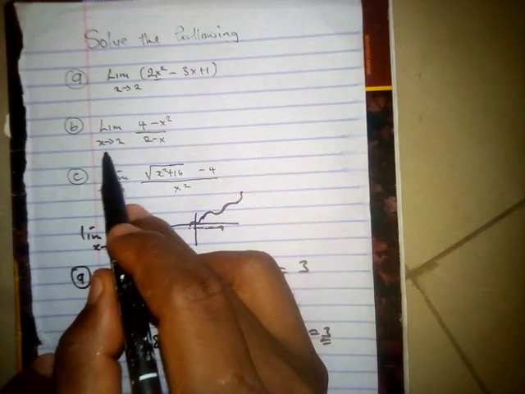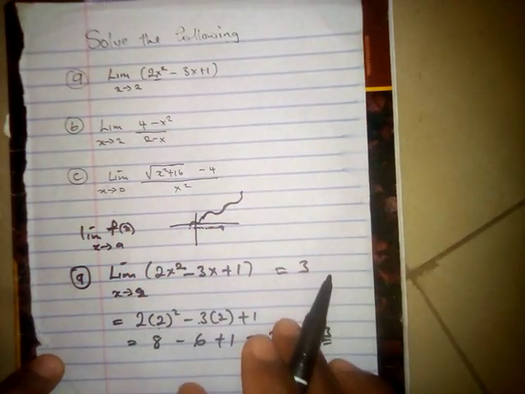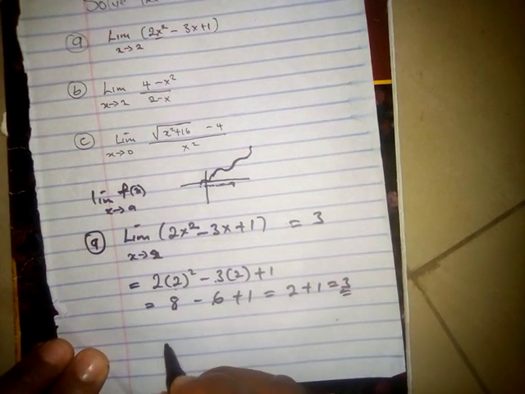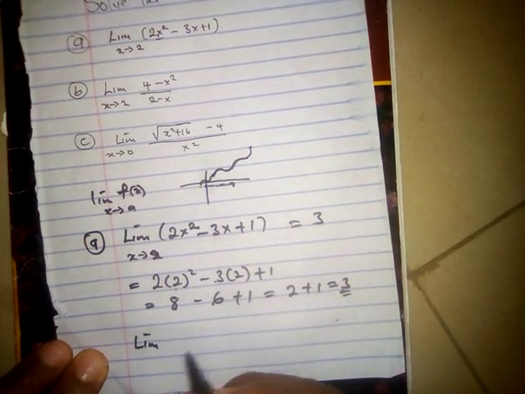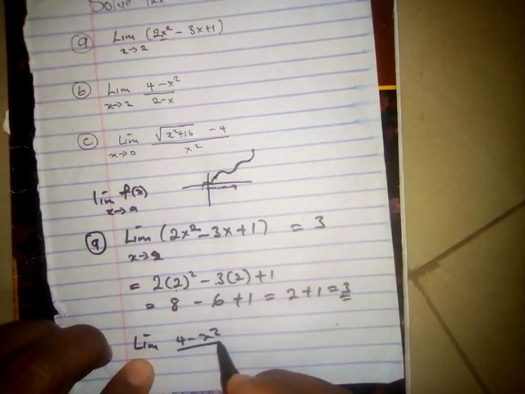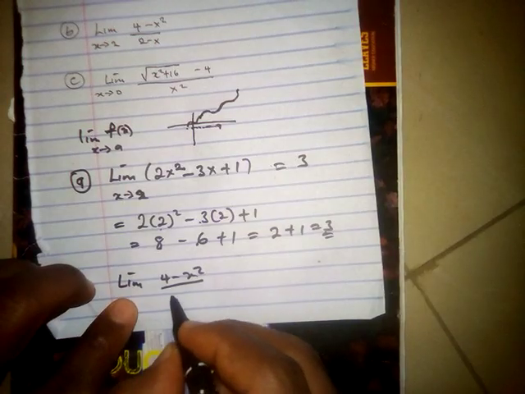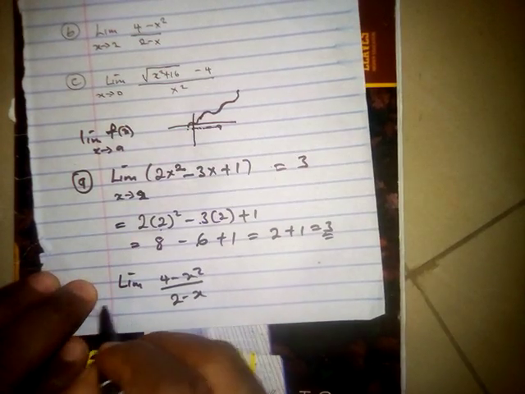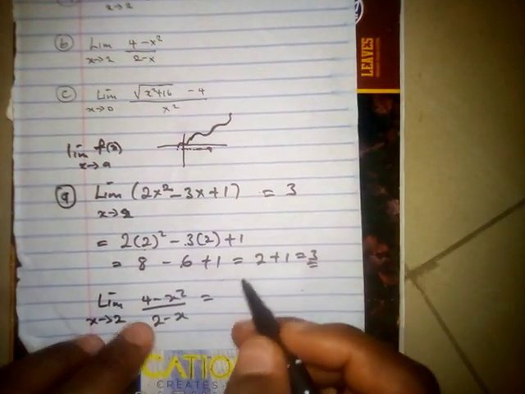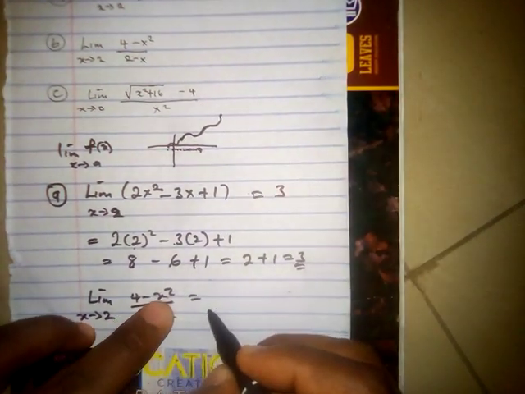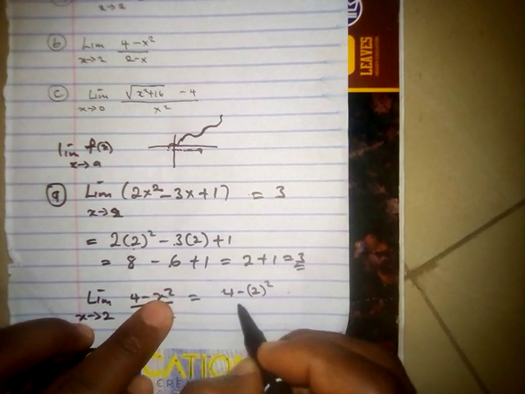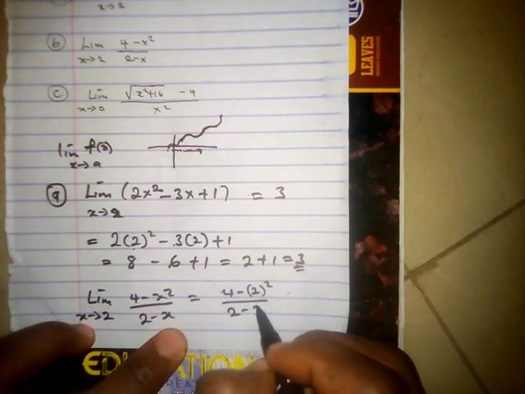Now the next one we are going to solve is the b part, which says the limit of the function as x tends to 2. We're going to substitute this value there. So we have the limit of 4 minus x squared all over 2 minus x as x tends to 2. Substituting the value of 2, remember limit by substitution, we have 4 minus 2 squared all over 2 minus 2.